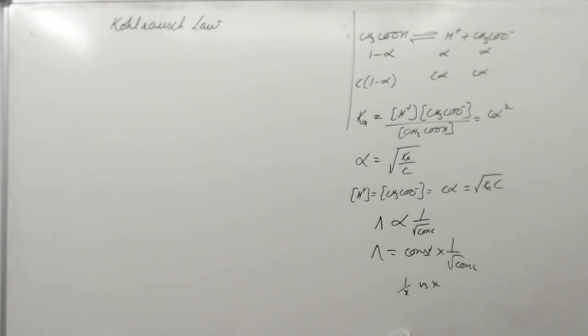Okay. So that's what we have as the Kohlrausch law of independent migration of ions. And here we have another definition of infinite dilution. We are going to write it once again.